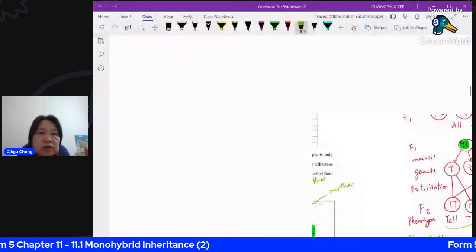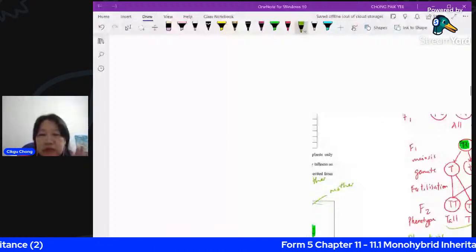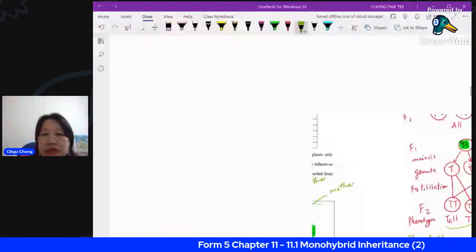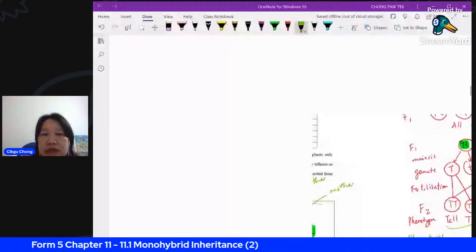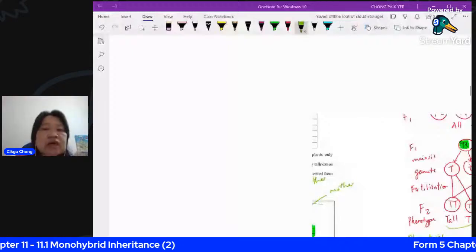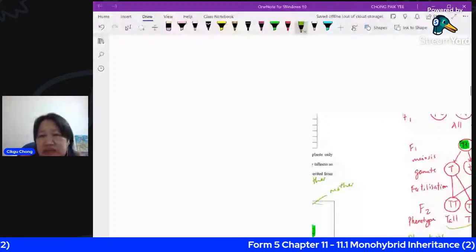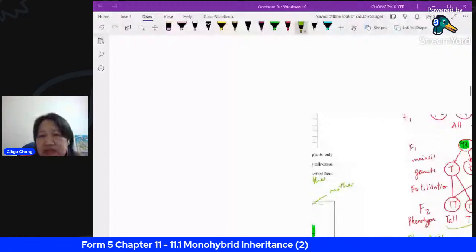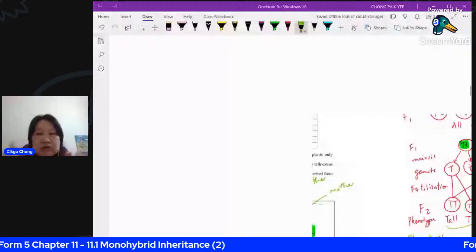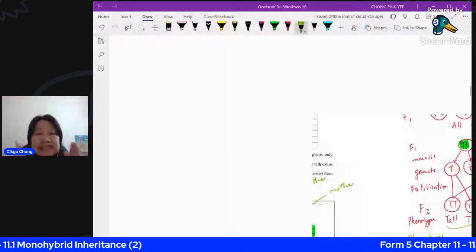And then in F2, you will always see that the dominant trait is more. You see the ratio? It doesn't matter how many investigations, how many offspring he got in the second generation. Roughly the ratio, if you count, of course, it won't be exactly 3-to-1, but roughly, you can see all this data here.